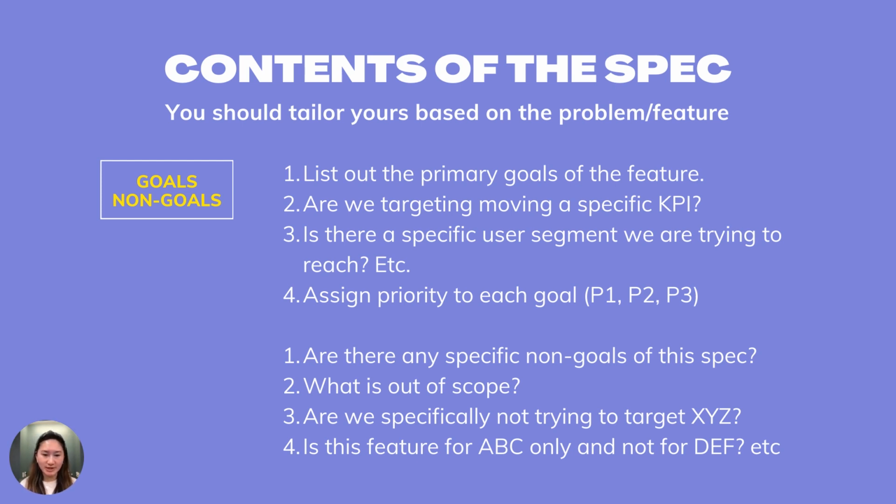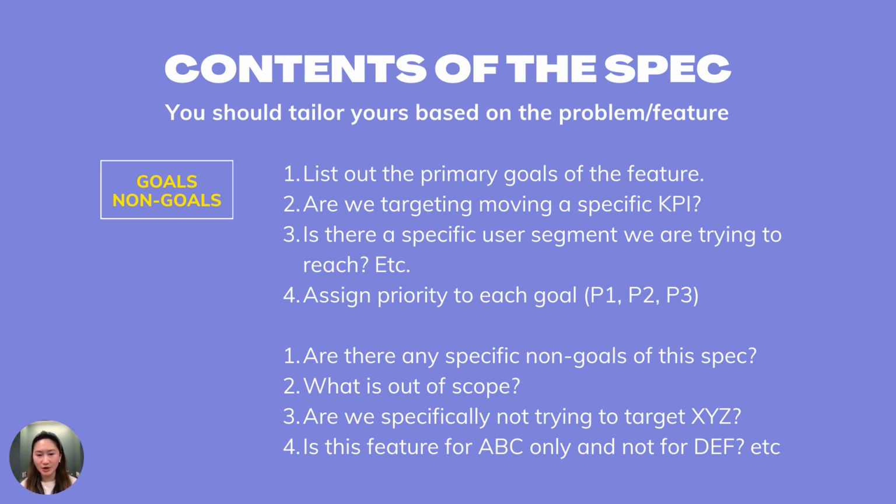This non-goal section is equally as important, because with any feature, you can't possibly address everything, or you have to make compromises, or you have to make trade-offs on purpose. So here you should definitely list out what are the specific non-goals that you're trying to avoid here.